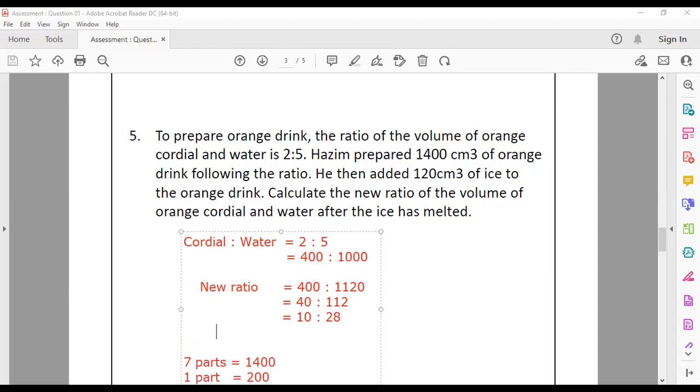Can I divide this further? Yes. Divide by 2. I'll get here 5 to 14. Do you see that? 5 to 14. Can I simplify it further? No more already. Okay, so this is my new ratio of the volume of cordial and the water after the ice has melted.